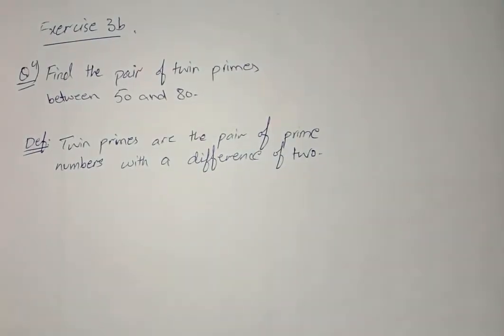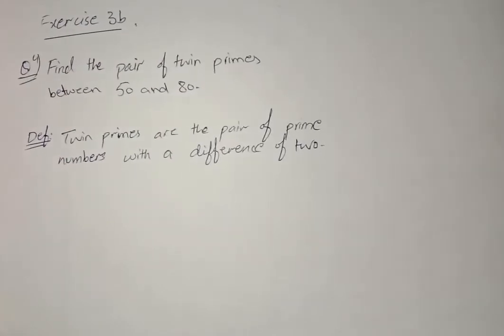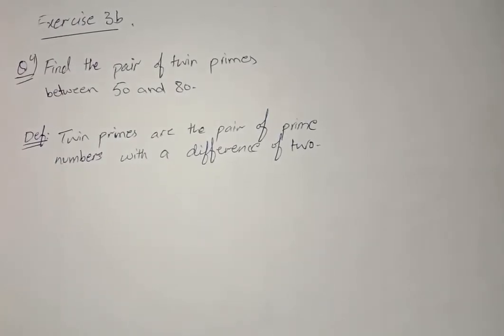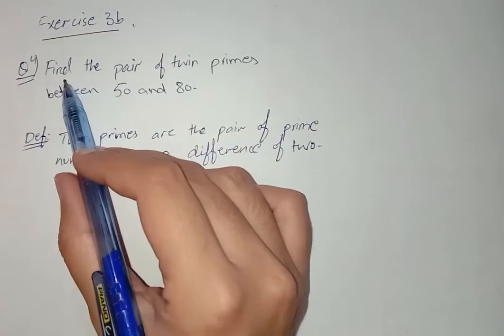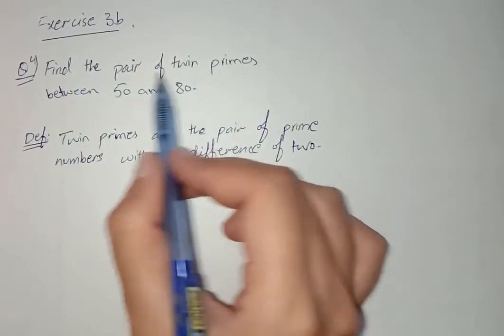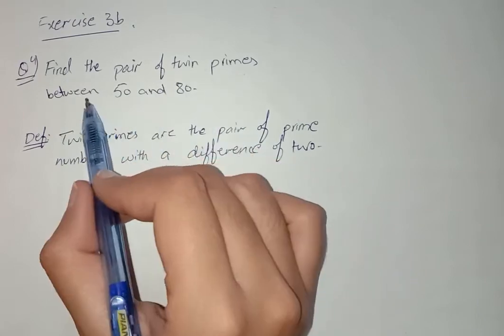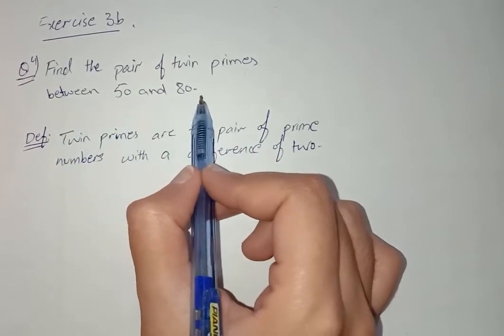We have to tell the prime numbers with the difference of 2. So they say to find the pair of twin primes, we have to tell the twin prime pair between 50 and 80.